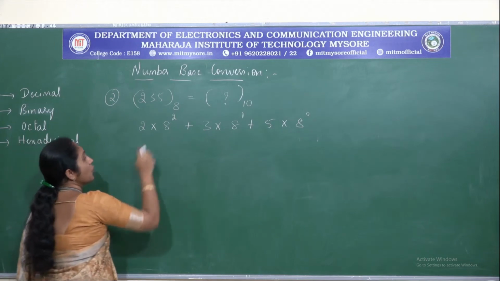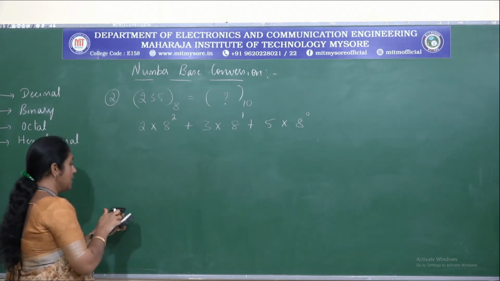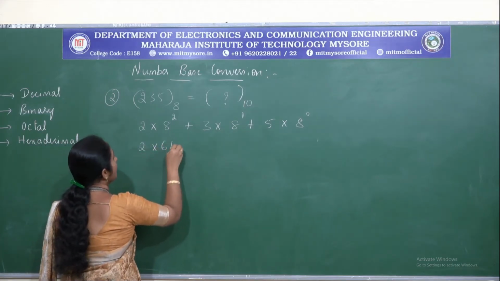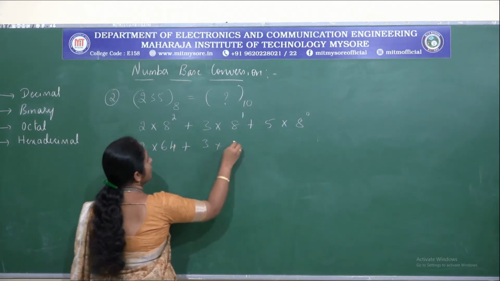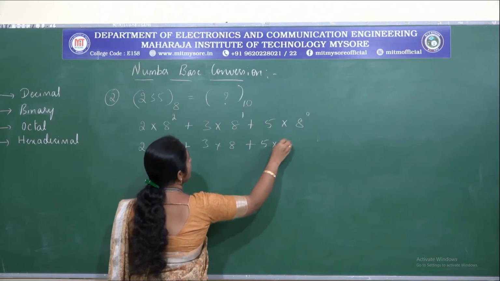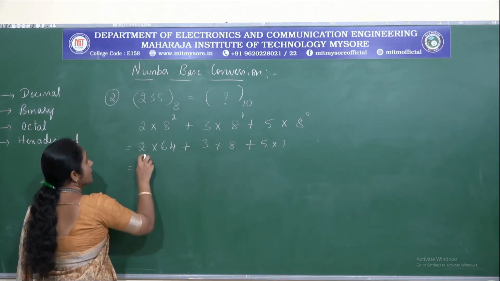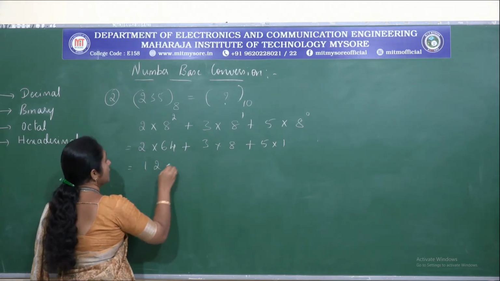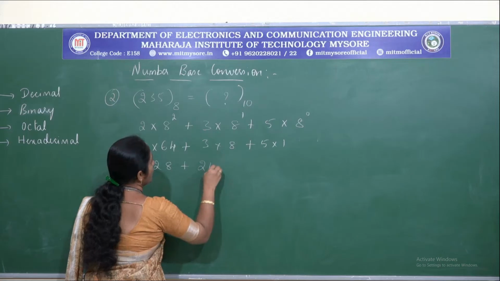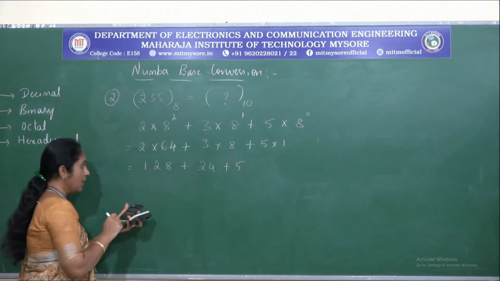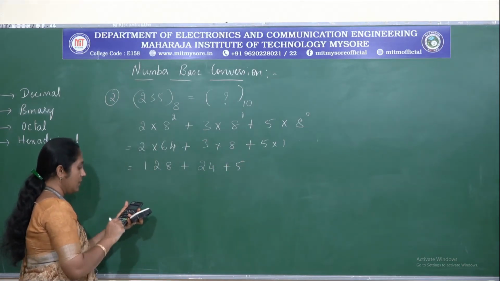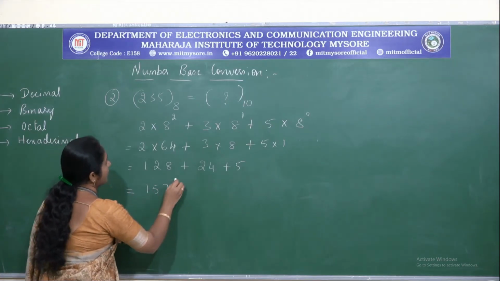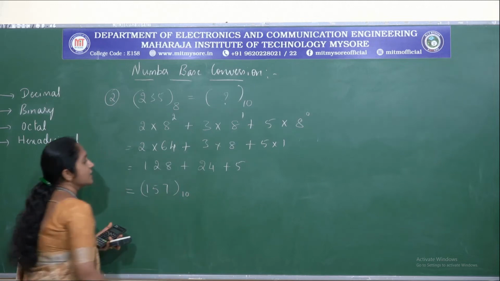Let us find out: 2 into 8 square is 64, plus 3 into 8, plus 5 into 1. 64 into 2 is 128 plus 24 plus 5. So the answer is 157. So this is in the decimal number system.